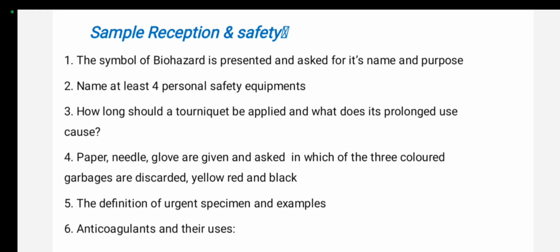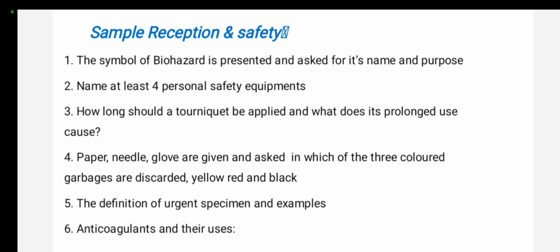Another thing is anticoagulants and their use, which is also a very common question. We may be given the anticoagulant and asked to state their purpose, which kind of samples, and which kind of tests are conducted with this anticoagulant. We may be asked to state the appropriate anticoagulants for what type of test.